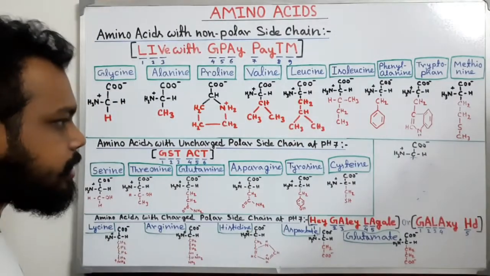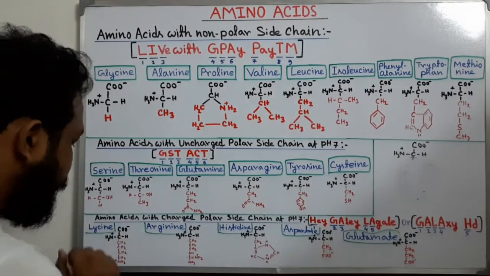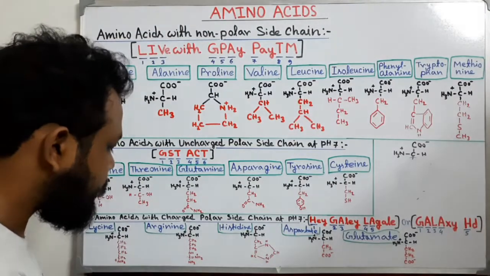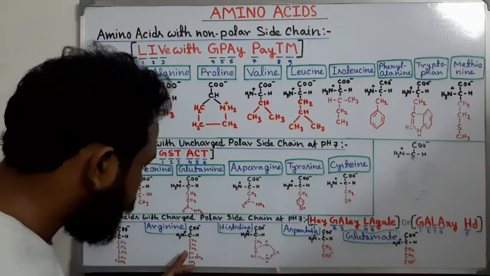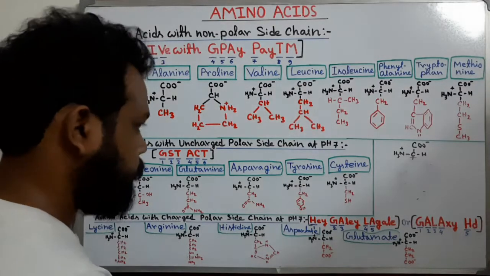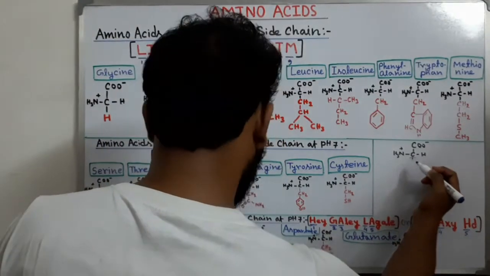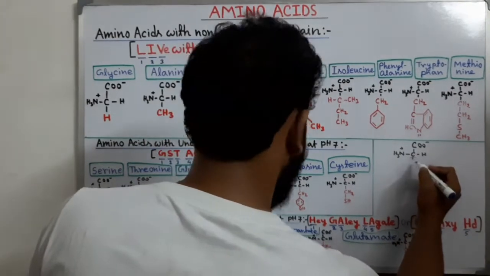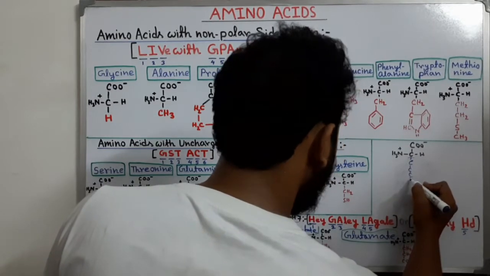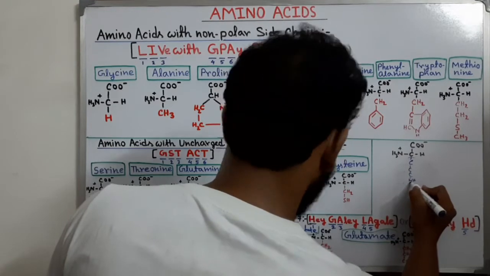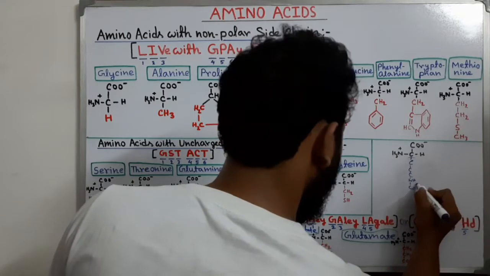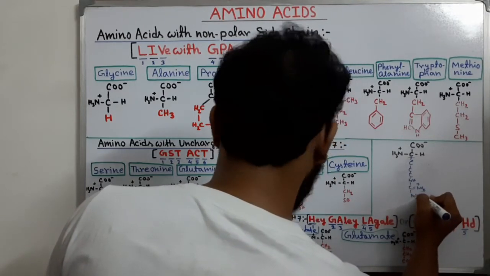Next is arginine. Arginine is more or less like lysine. First 3 carbon atoms are present, and next a guanidinium group is present: NH, C double bond NH2 plus, and NH2.